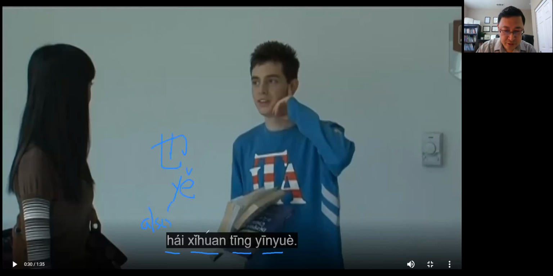So in this case, where one subject is doing two things, 也 and 还 are interchangeable. You can also say 我也喜欢听音乐. But on another occasion, when two subjects do one thing, only 也 can be used.